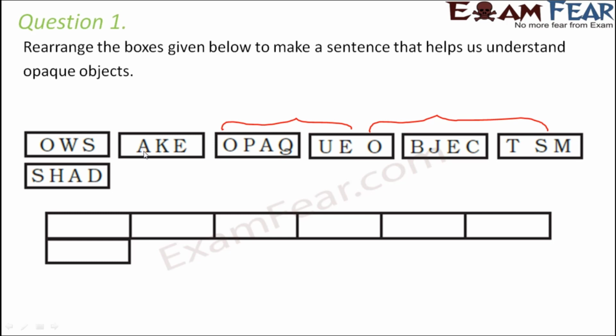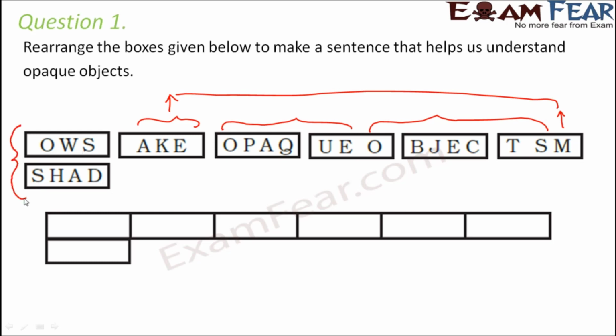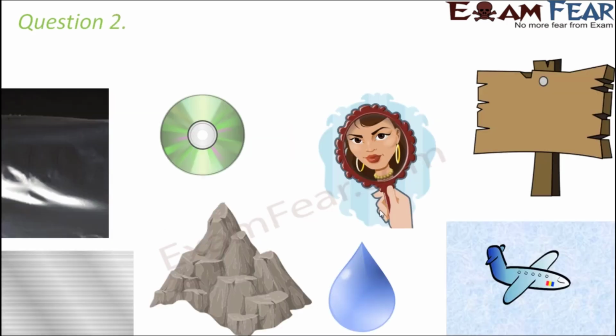Here you have AKE. So this M and this AKE, these will combine together to form make. And then you have shadows. So these will combine together to form shadows. So what you can write, you can say opaque objects make shadows. So that's a meaningful sentence.